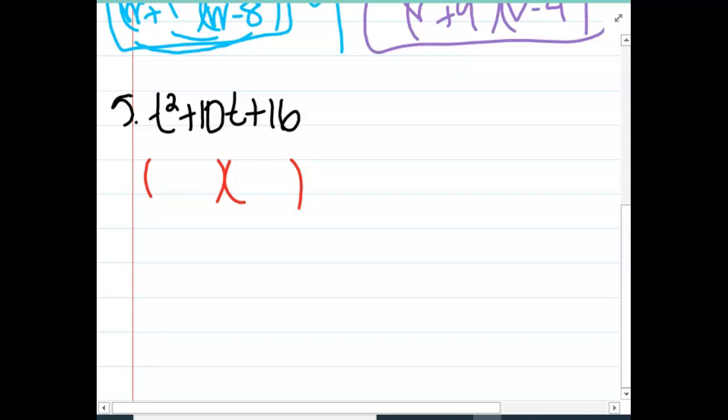What's going to go in the front of my parentheses? t times t, it has to be. t times t is going to give me the t squared. Now for the L, those two numbers, whatever they are, when I FOIL this out, they're going to multiply to give me 16. And then when I combine the O and I, they're going to add to give me 10.